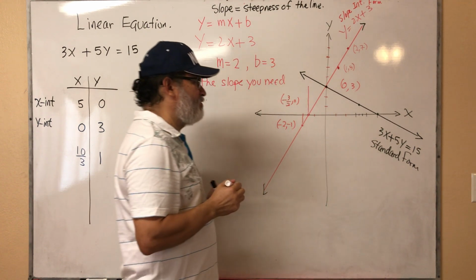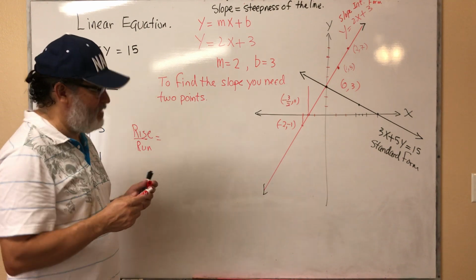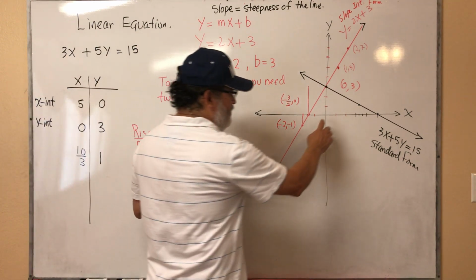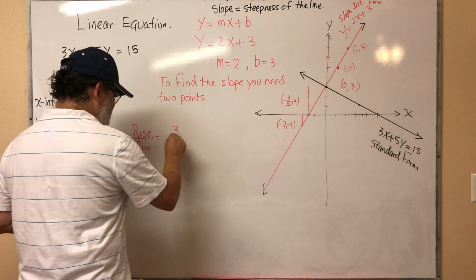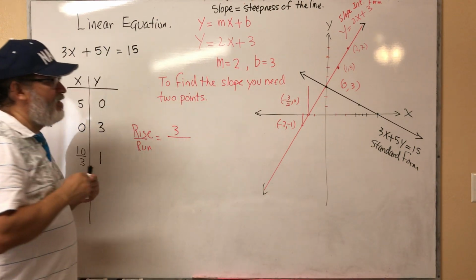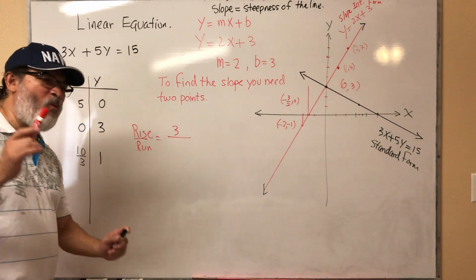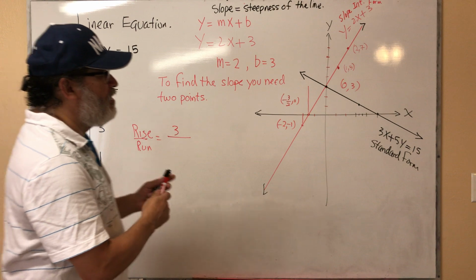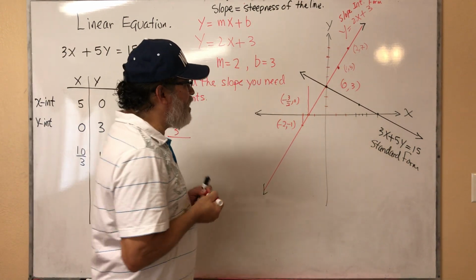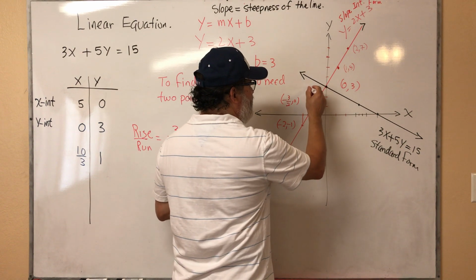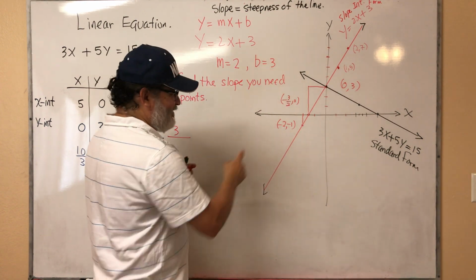What's the rise, everybody? Okay. What is the rise? That's the distance, that's this height, that's 3. And what's the run? Who can tell me the run? From here to there, what's the length there? 3.5.